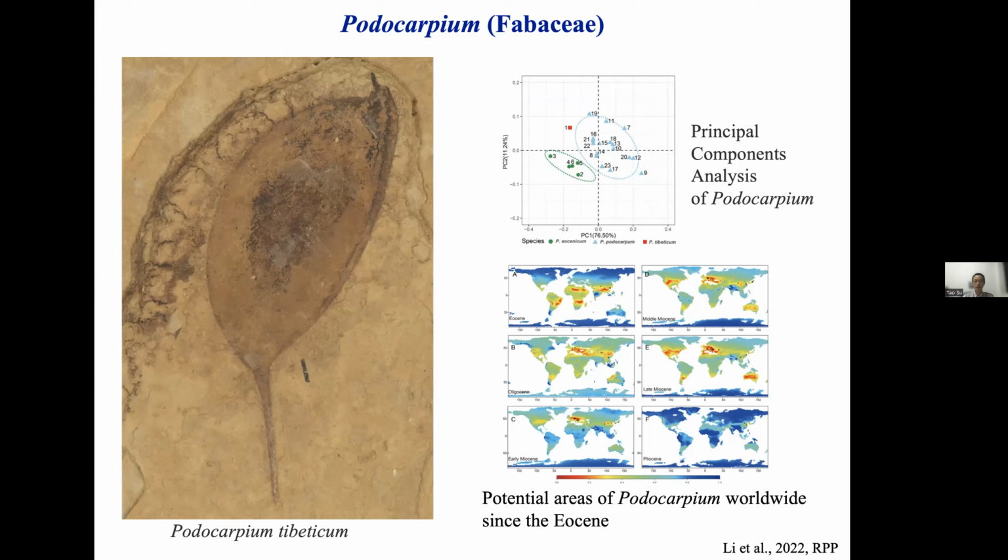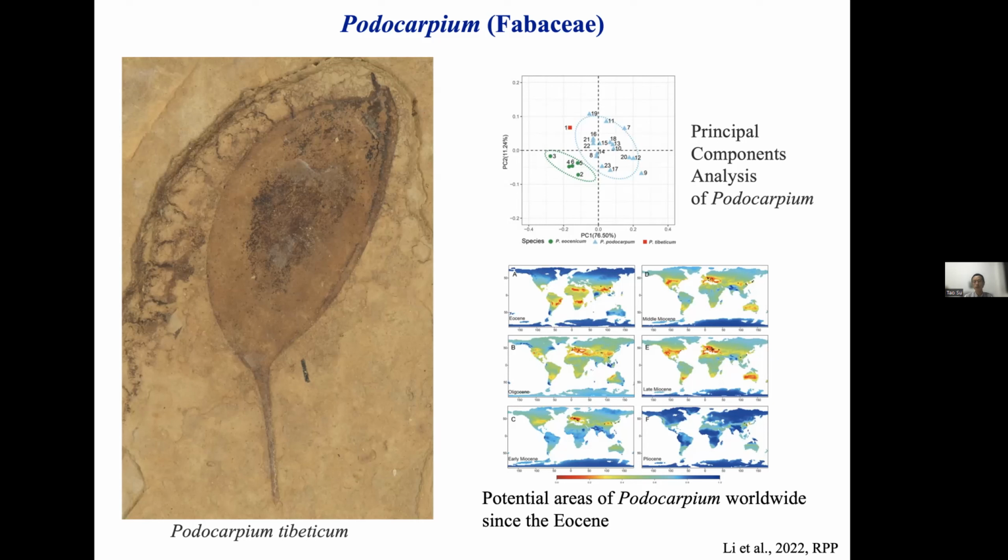This is the first time to find it, and it's in very good preservation. According to our detailed morphological comparison and morphometric analysis, we found it's a new species, and we named it Podocarpium tibeticum.